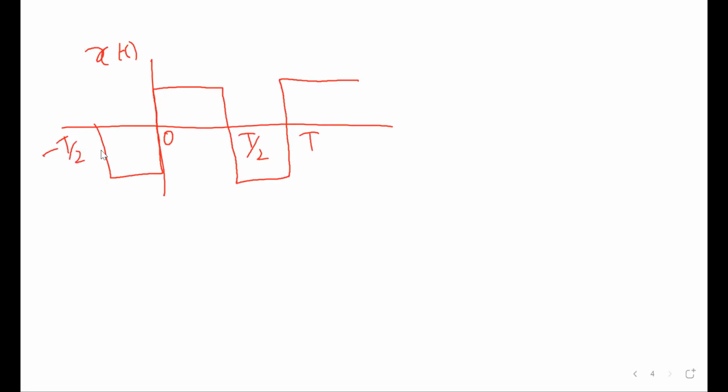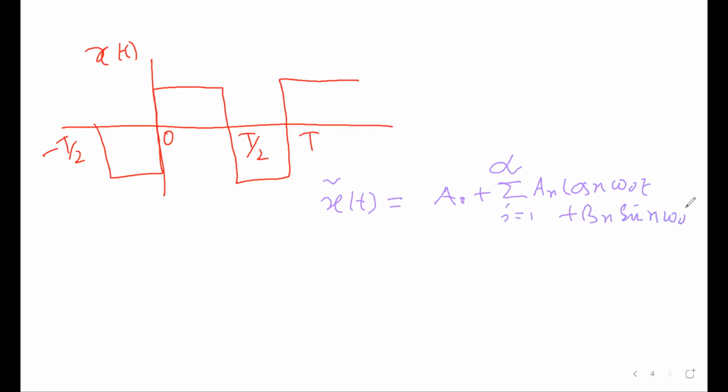If it is a periodic wave x(t), we are saying that that periodic wave x(t) can be approximated as a function something like this. Okay, a pool of functions is there, theoretically infinity, an into cosine n omega 0 t plus bn sine n omega 0 t. Have you used this equation earlier?